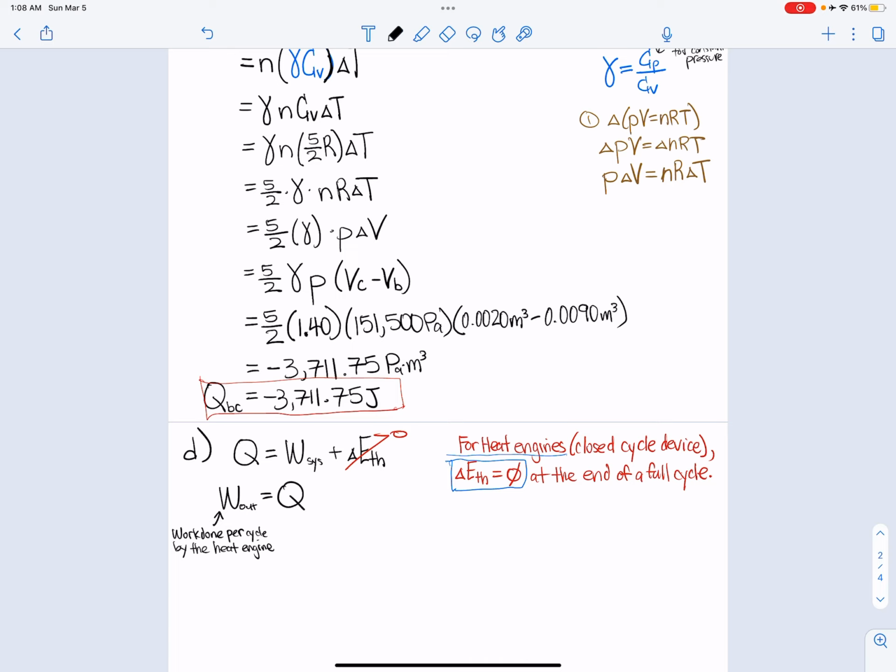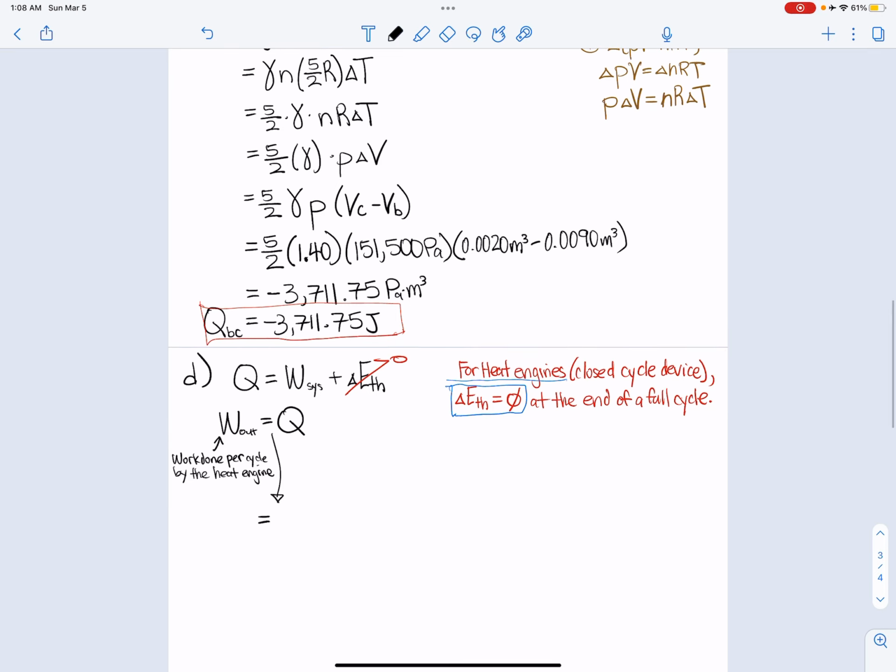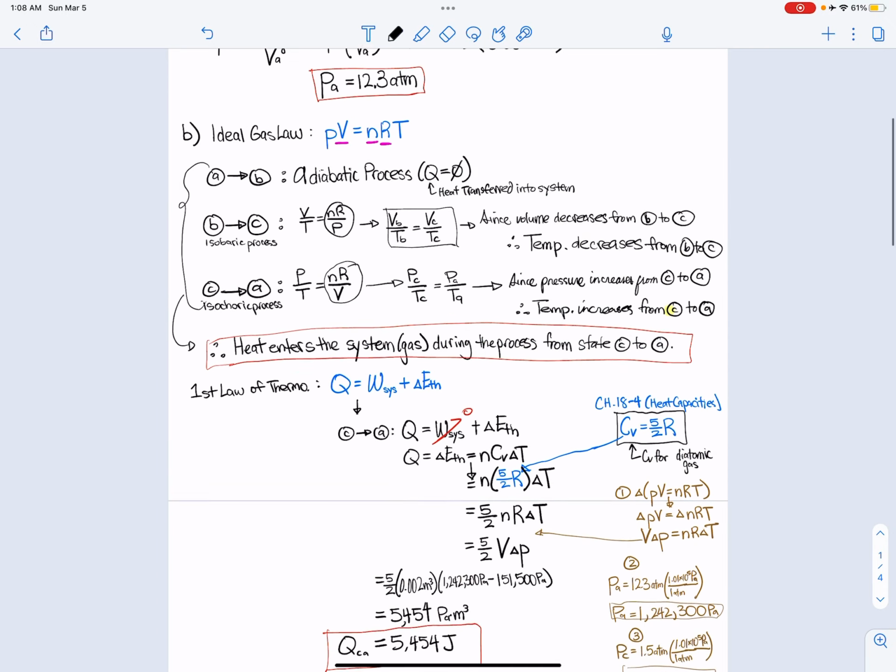So what is our heat transfer in this problem? Work out is equal to Q. We had three states, right?